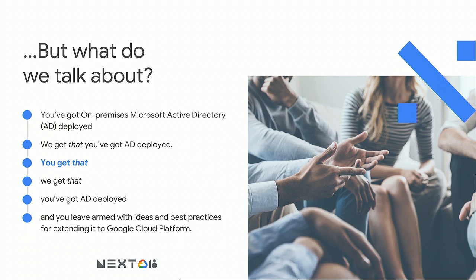But 2 things in particular I'll leave you with today. One is, as the show of hands showed, a lot of you do have Active Directory deployed, so we understand that. And B is, leave you with some best practices and guidance on how you can extend your Active Directory investments you've already made onto the Google Cloud Platform.